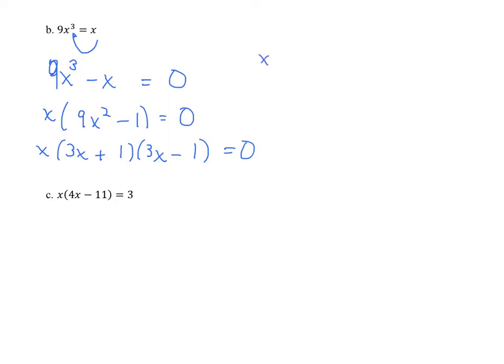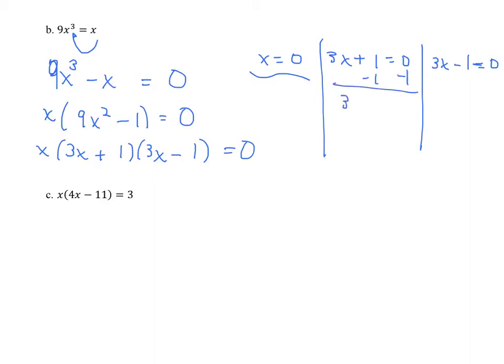So x is equal to 0. 3x plus 1 is equal to 0. And I'll do this. Can't help myself. 3x minus 1 is equal to 0. Well, this guy is already solved. Boom. This guy I'll do a little math on. Good.